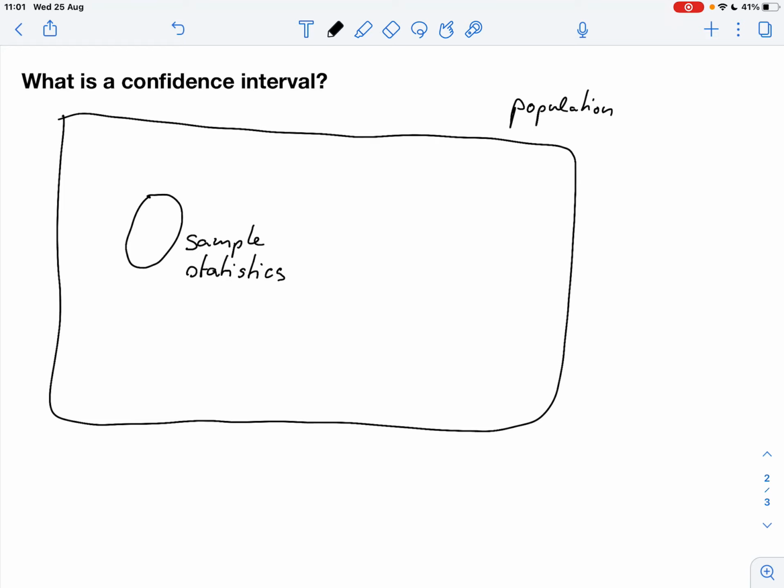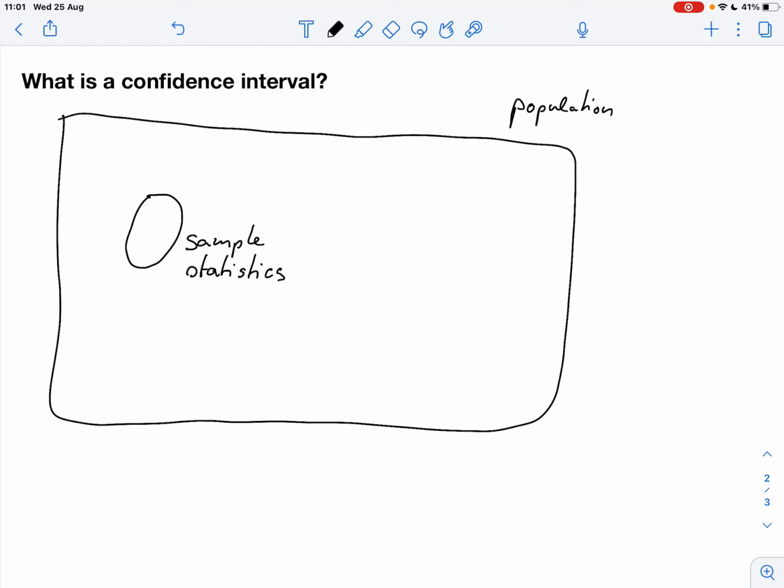So, for example, I'm looking at the height of all female students in the UK. That would be my population here. And I take a sample and measure the height of, let's say, 10 female students, and this would be my sample.